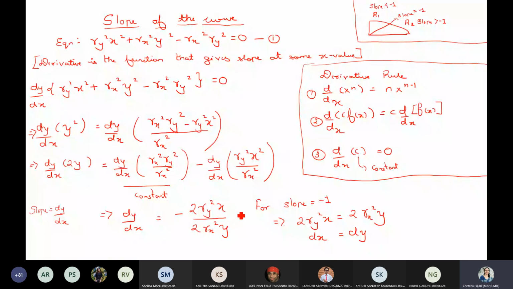To make this equal to minus 1, the numerator should be equal to the denominator. The numerator is the derivative of x, and the denominator is the derivative of y. When these two are equal, your slope is equal to minus 1. This will serve as the stopping condition for region 1. Any doubt here?